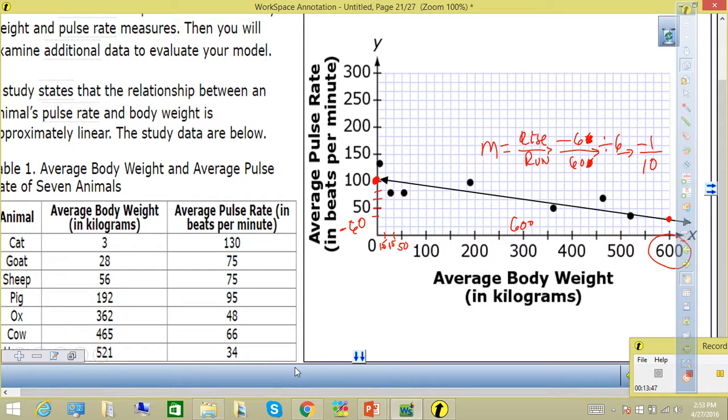Yeah? Okay, let's see. Nisa, how can we generalize what the slope is telling us? The pulse rate decreases when what?